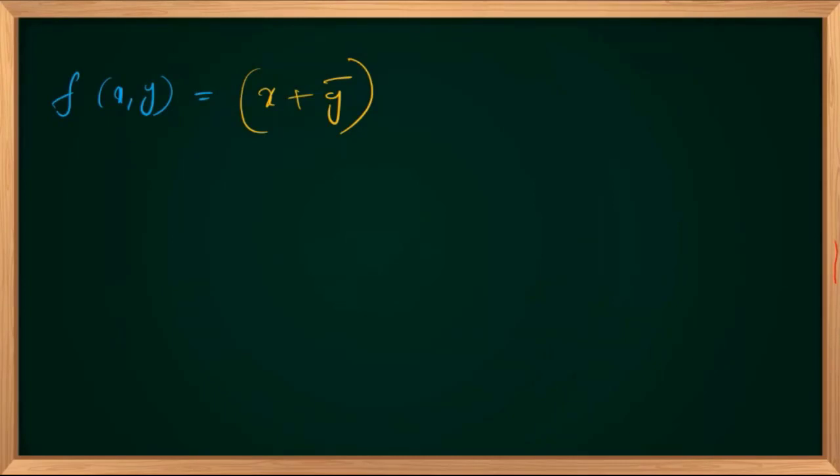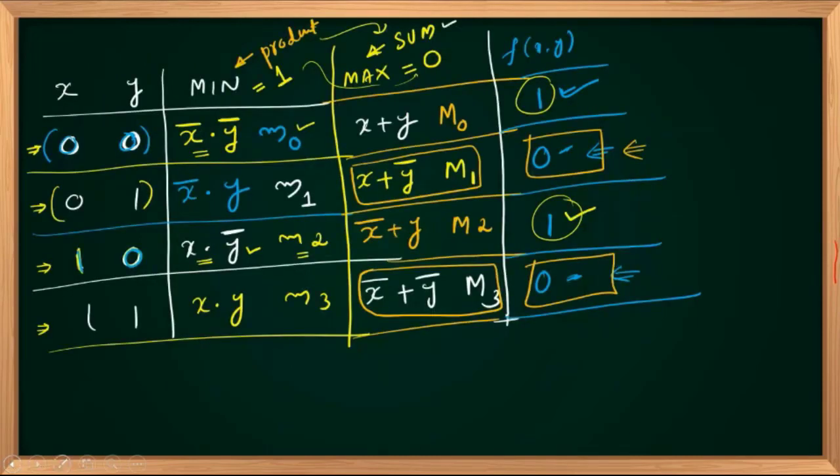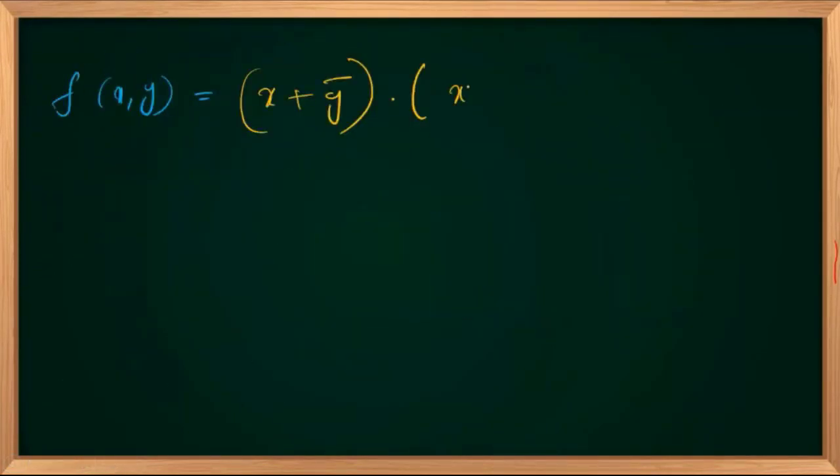Then it's a product term, right? I should take a continuous product, right? If any one combination comes, then the entire product should be equal to 0. So I should write it as a product, right? So the second factor corresponds to the last max term, that is x bar plus y bar, right?